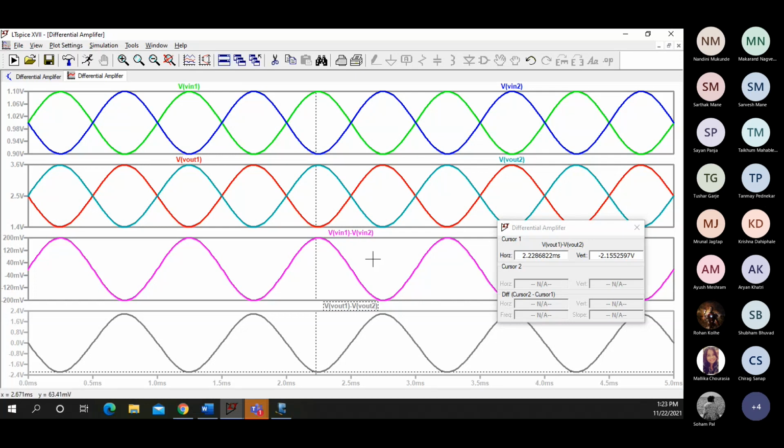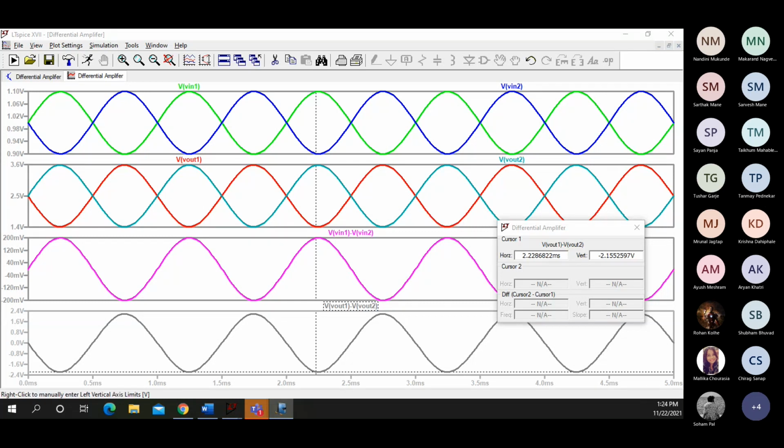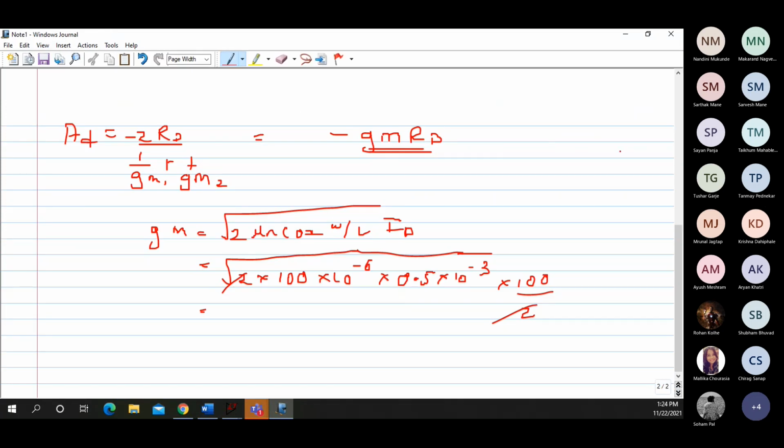What you can understand from this is that V in 1 minus V in 2 is 400 millivolts and V out 1 minus V out 2 is 4.2 volts.